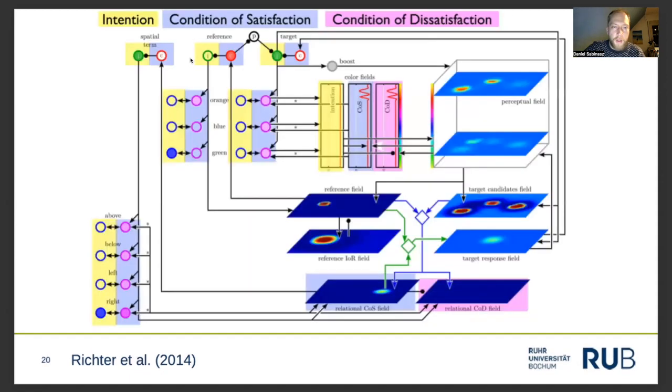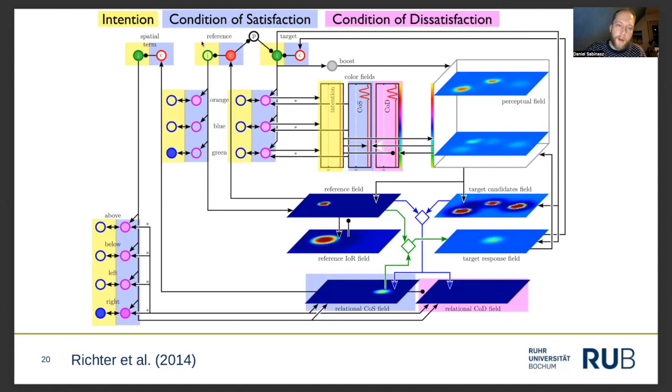There's actually one more thing I didn't explain. As I said, the search for the reference and target cannot happen simultaneously, but only in sequence. So we do not want the reference and the target process to become active at the same time. In order to prevent this, we have a so-called precondition node, which inhibits the intention of the target process, thereby preventing it from becoming active.